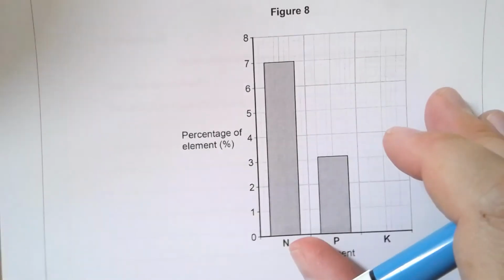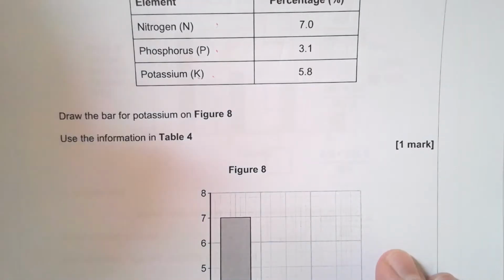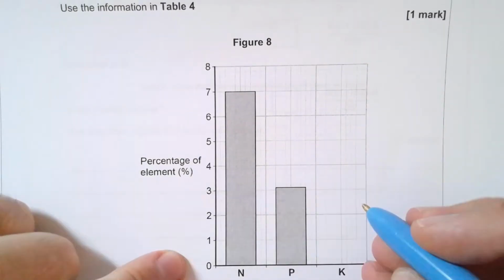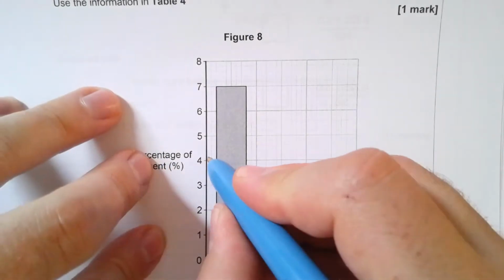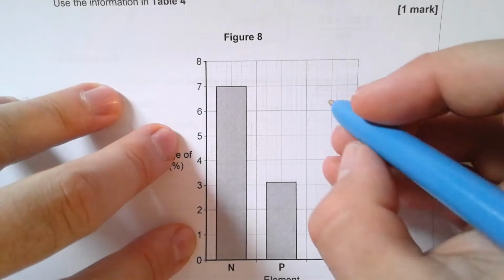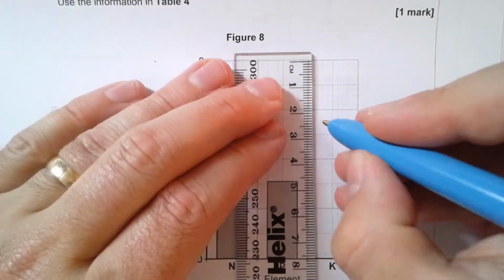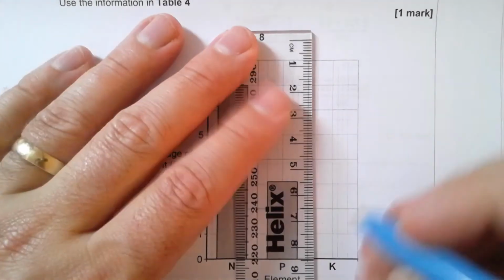We have to draw the bar for potassium, and we're looking for 5.8. If we look at our graph, it might not be clear, but each little square represents 0.2. So 5.8 is going to be, more precisely, it's not about anything, it's going to be there.